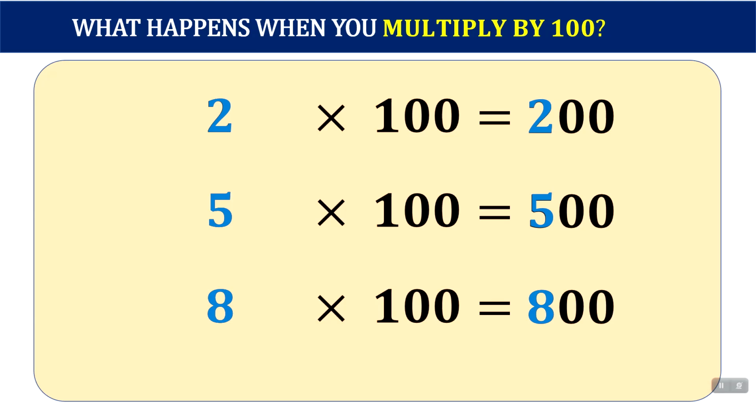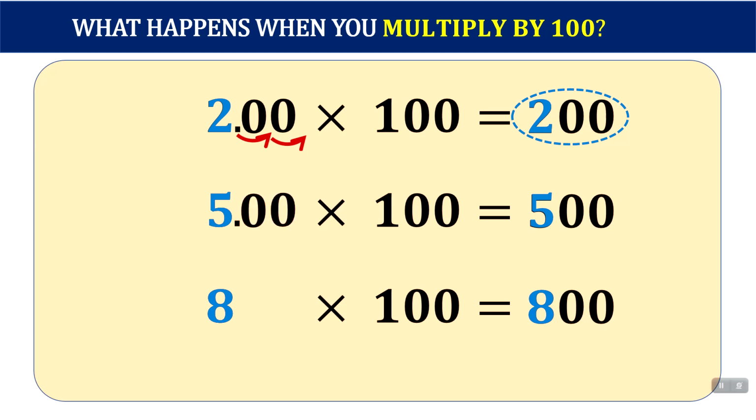Now if we rewrite 2 as 2.00, we can see that if we move the decimal 2 places to the right, that gives us our answer of 200. So multiplying by 100 is the same as moving the decimal 2 places to the right.